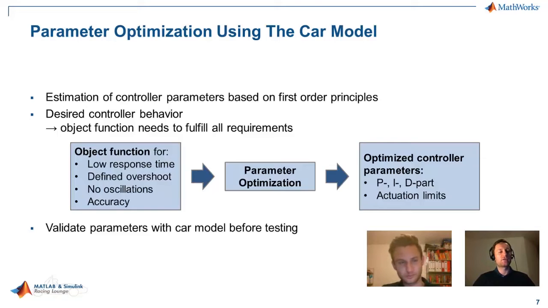What kind of software tools do you use for the parameter optimization? We don't use the design optimization by MATLAB Simulink. We wrote our own MATLAB script with the objective function I mentioned, and we use the MATLAB function fmincon to optimize these functions.